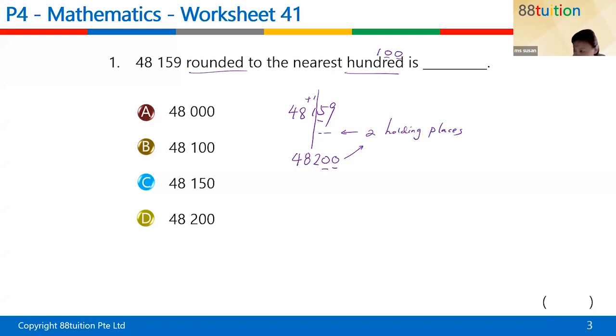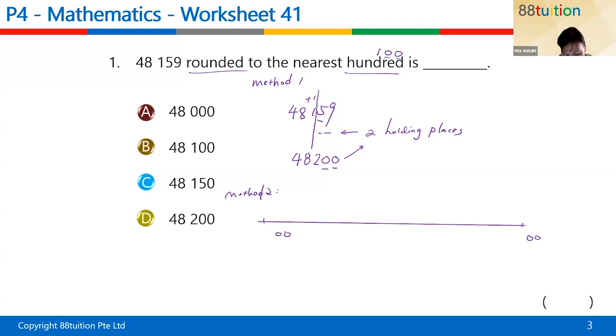Now, this is something very technical. But if you want to go through the concept, it is using a number line. We try to use a number line as another method. So I will say this is method 1, method 2. Let's see which one you would like to use. It's okay if you say you don't like it. Okay, so now it's 100. So we put the 100 holding place again.